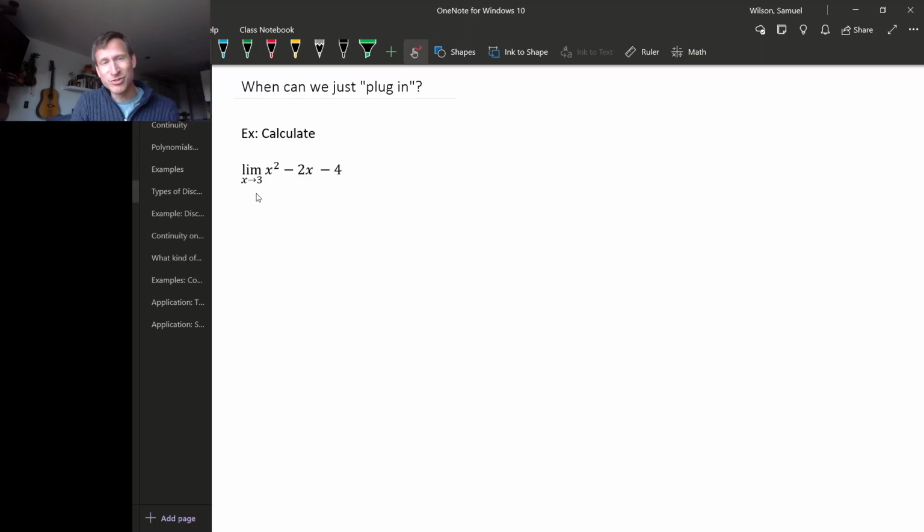If we do it the proper way by using the limit laws, it's a bunch of writing. First we would use the difference rule for limits. So we get the limit as x goes to 3 of x squared, minus 2 times the limit as x goes to 3 of x, minus the limit as x goes to 3 of 4.